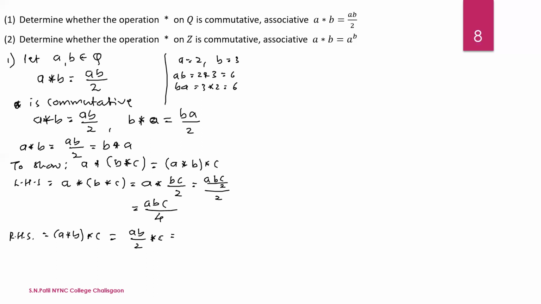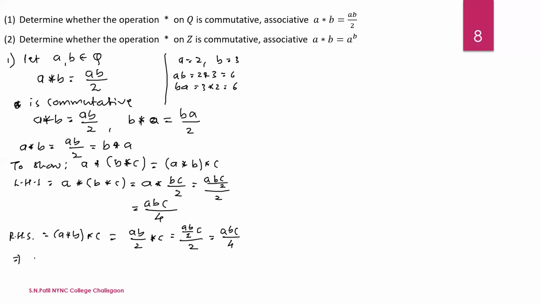So we get the product of these two, AB divided by 2 into C, and divide by 2. So we get ABC, and the denominator 2 into 2 is 4. Hence, LHS is ABC upon 4 and RHS is also ABC upon 4.